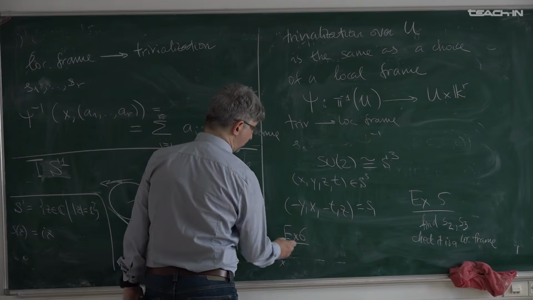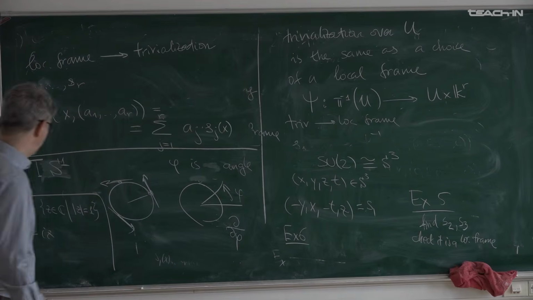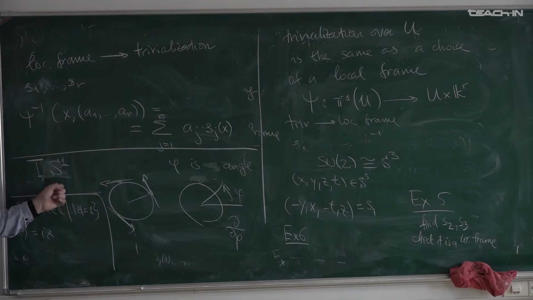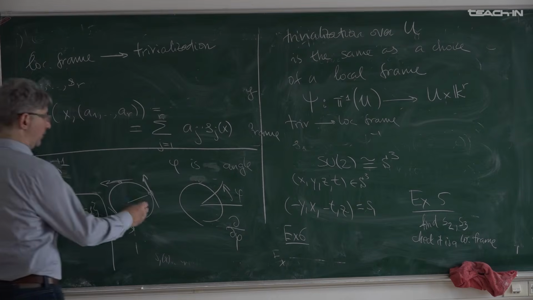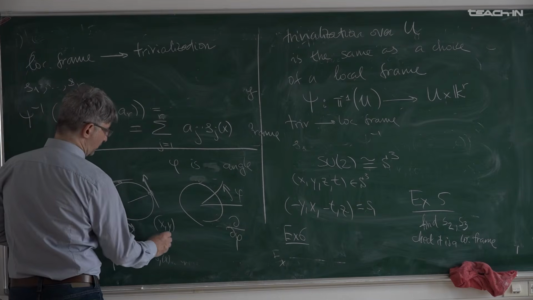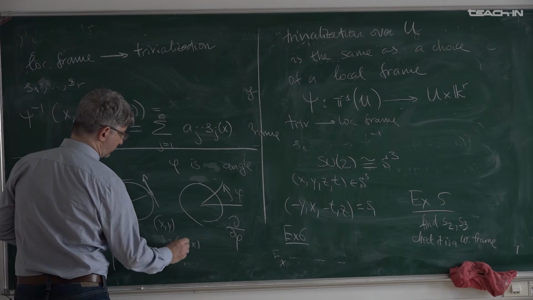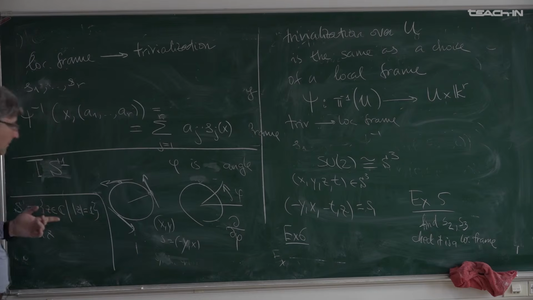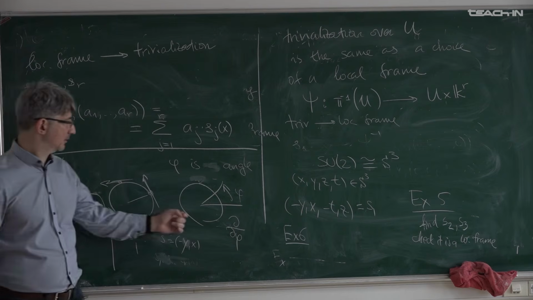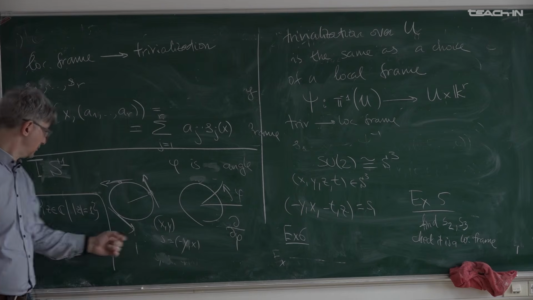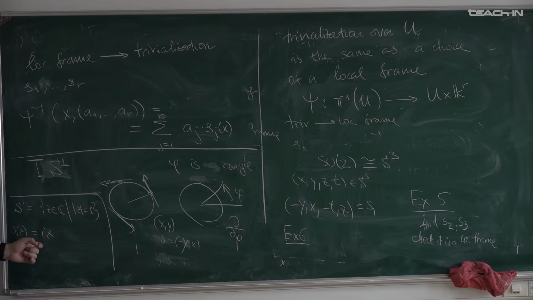Exercise number 6. Then we spoke about the circle. Actually, we have 3 ways of thinking. Well, maybe x, y, and the section is equal to minus y, x, minus x, minus y, x, yes. We thought about it as a Lie group, this exact formula, this geometrical way, and also we thought about it as complex numbers, yes?